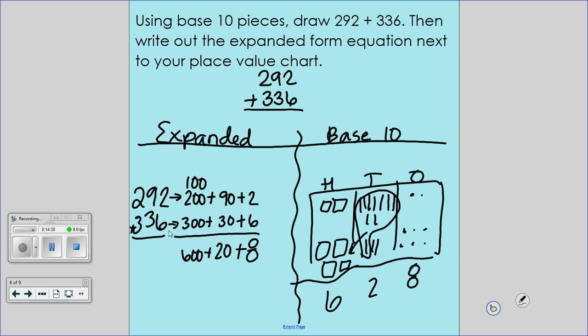So now I have another expanded form equation. I have 600 plus 20 plus 8. What is that number back in standard form? Because I like numbers in standard form. Caleb, can you put this number back in standard form? Go for it.